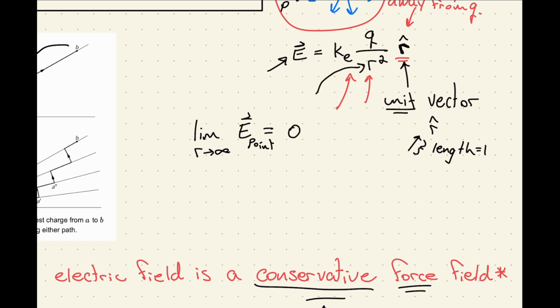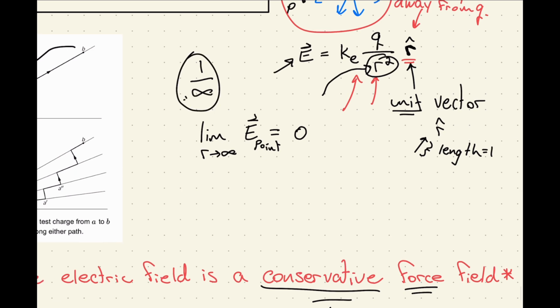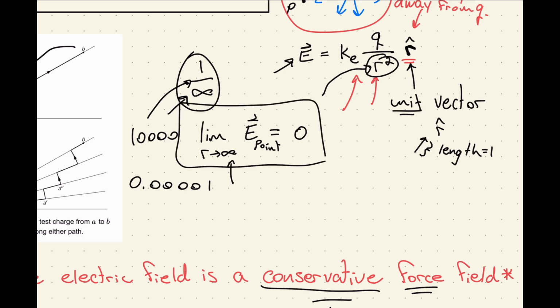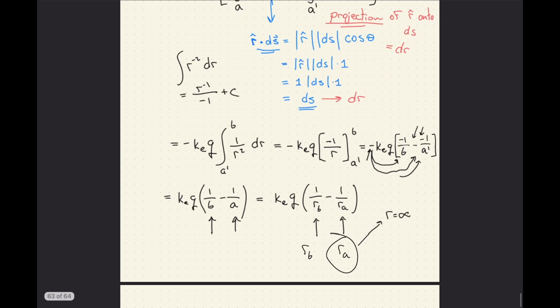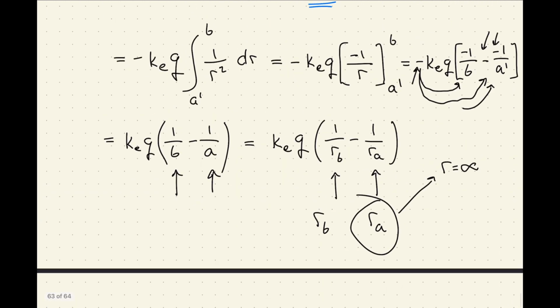Because you plug infinity inside of this and you get 1 over infinity. If you plug a super big number like a billion into your calculator and divide 1 by it, you'll get a super small number. So we basically say the limit as R goes to infinity leads to an electric field equal to 0. So if we want to take a reference point, this is our reference point.